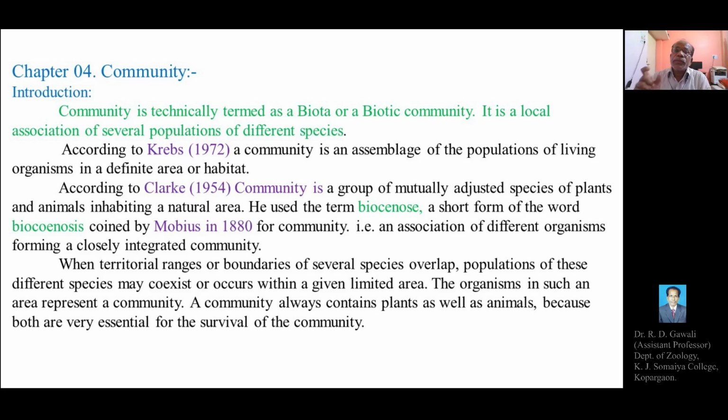The organisms belonging to different species in such an area represent a community.